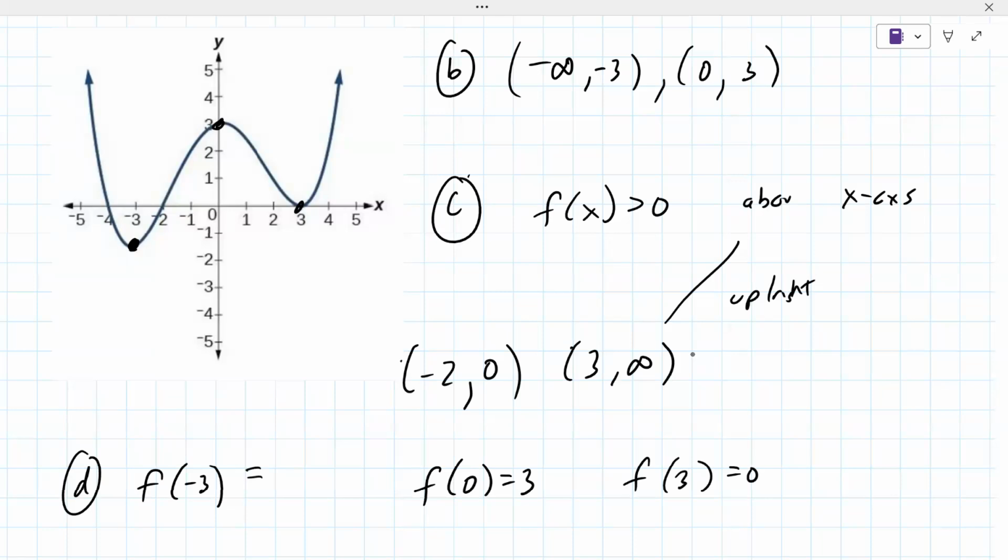Minimum. It's -3 comma negative -1.5, that's what it looks like on the graph. -3/2.